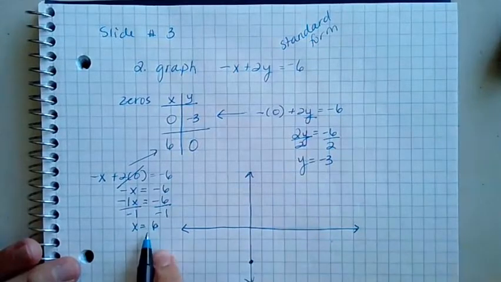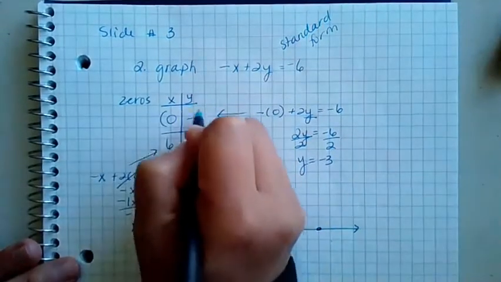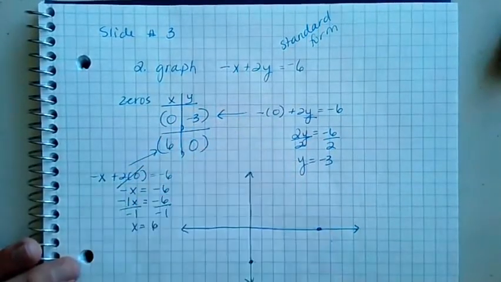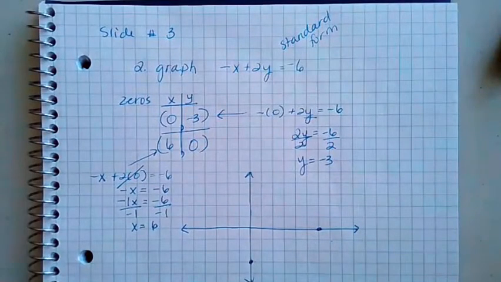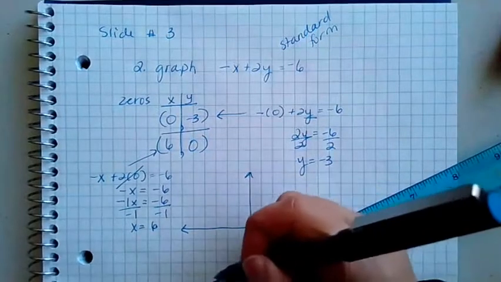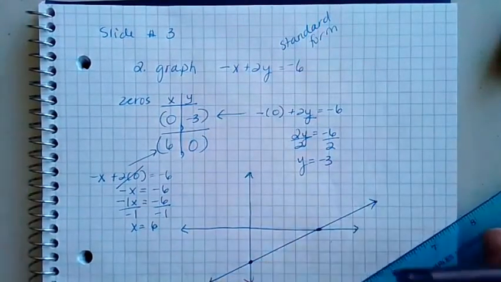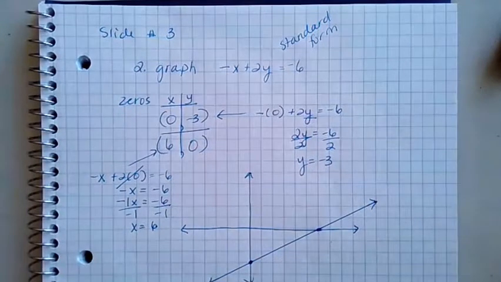And this is on the x-axis, where x equals 6: 1, 2, 3, 4, 5, 6. You can also get that because that's a coordinate and that's a coordinate, and those are the 2 points. Then you take your trusty straight edge and connect them. You want to extend that line out, and there you go.